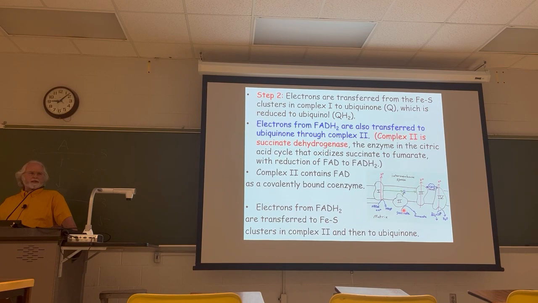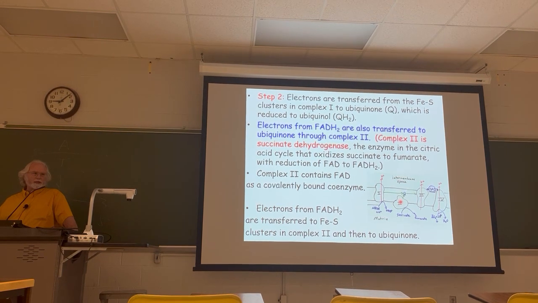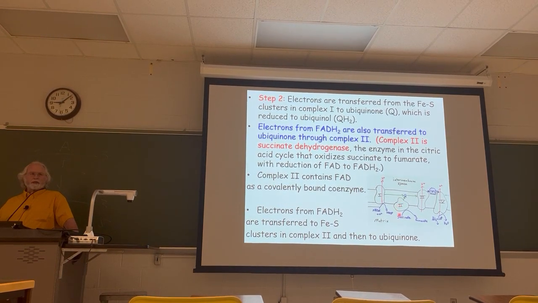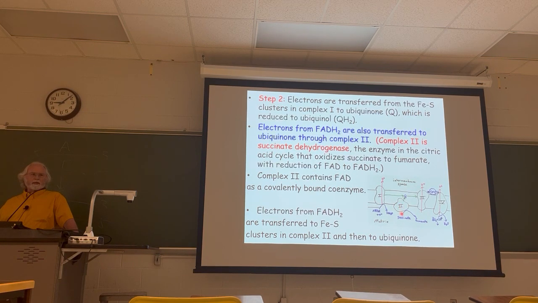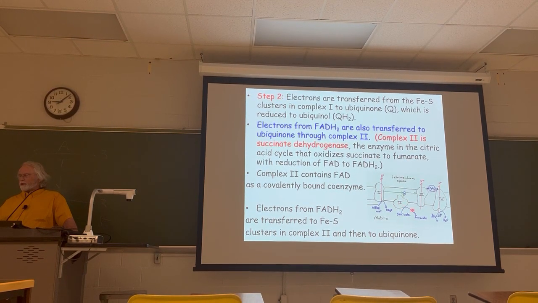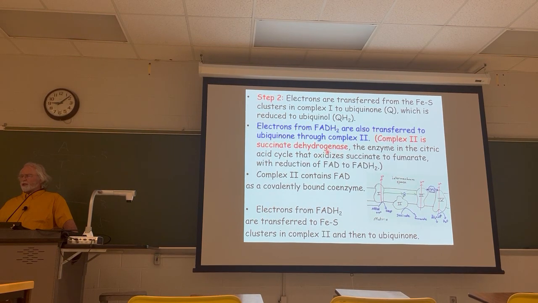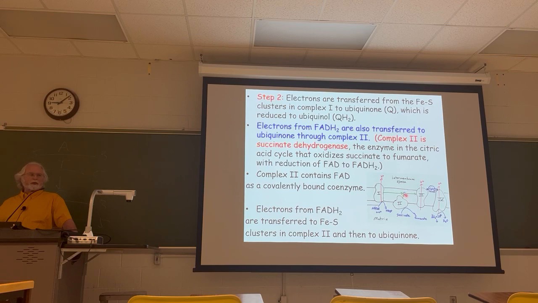So remember, succinate dehydrogenase is an enzyme in the citric acid cycle that produces FADH2. We call it complex 2 in the electron transport chain. So it's the same protein complex in the citric acid cycle and in the electron transport chain. We call it complex 2, it's succinate dehydrogenase. So it transfers its electrons from FADH2 to ubiquinone to make ubiquinol.